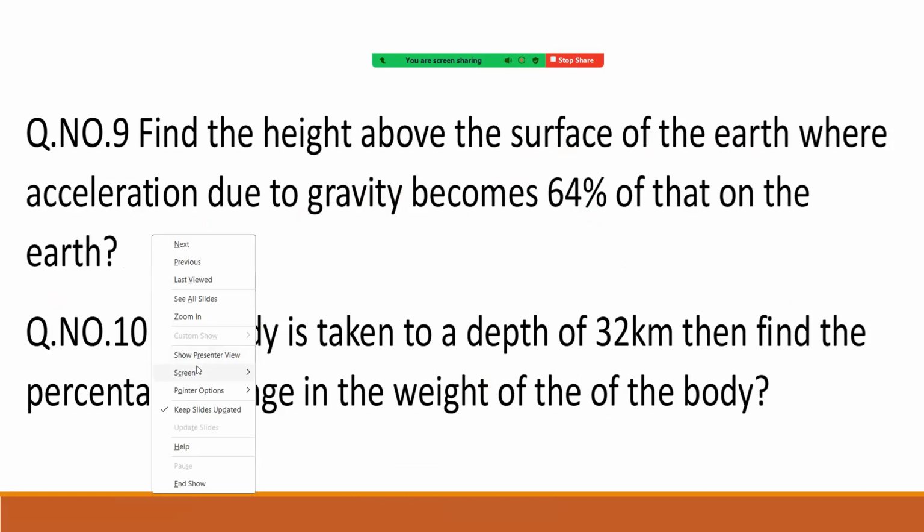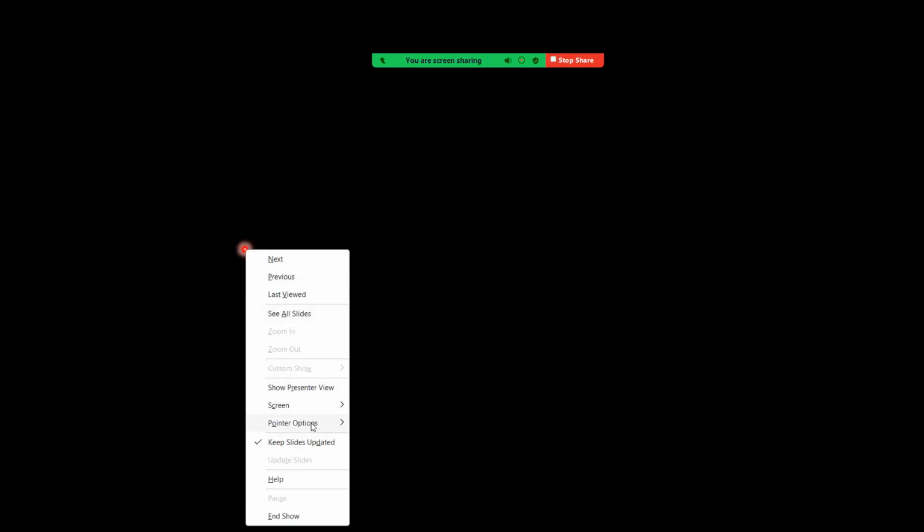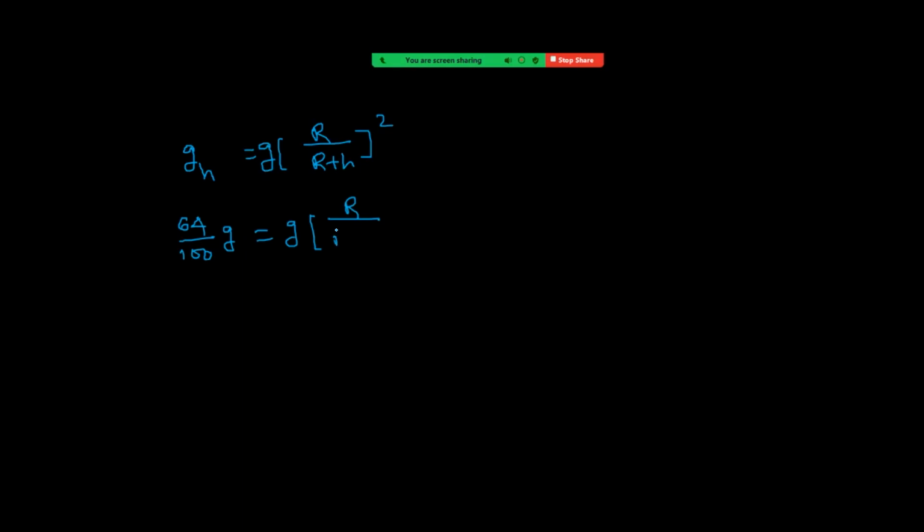Again the same relation: g_h is equal to g into R by R plus h whole square. It is now 64%, that means 64 by 100 into g, equal to g into R by R plus h whole square.